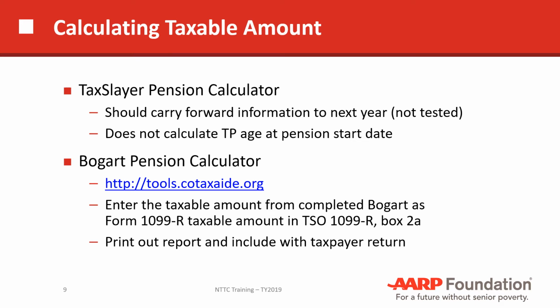And I also actually put a shortcut on my desktop that gets me right to his calculator, so that makes it easy as well. So you enter the taxable amounts from the completed Bogart calculator.